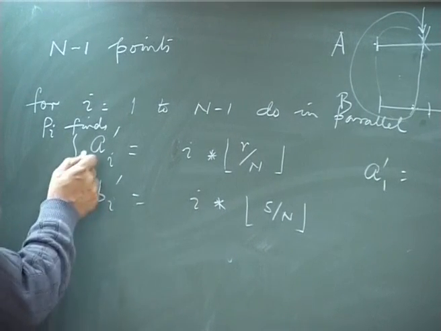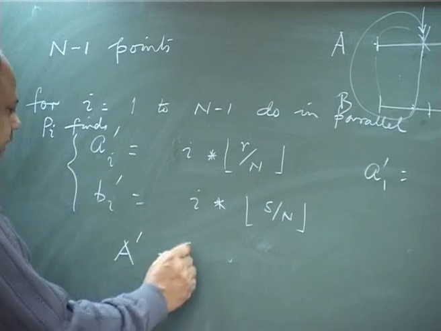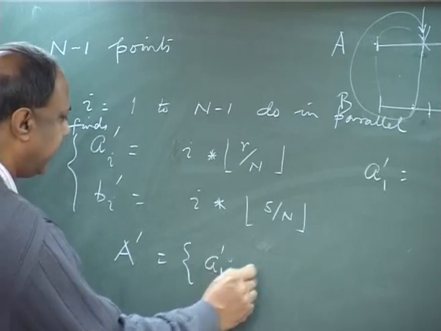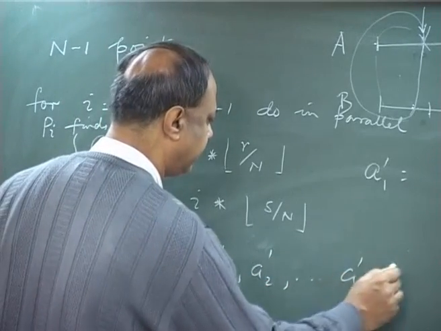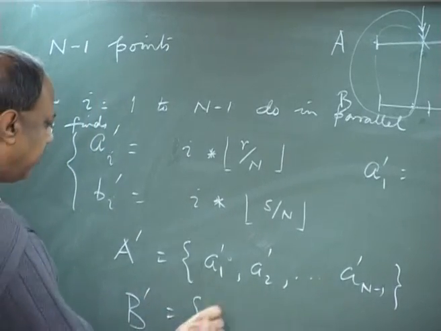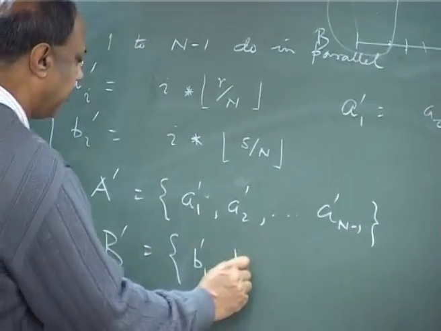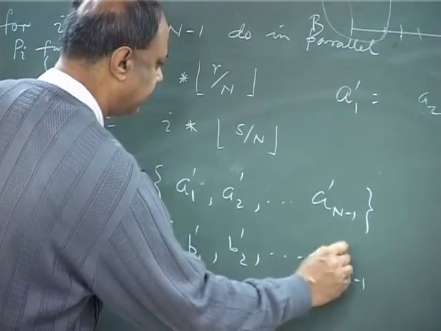Now let this form one sequence, A dash, which is A1 dash, A2 dash, up to A_(n-1) dash. And B dash is another sequence, B1 dash, B2 dash, up to B_(n-1) dash.